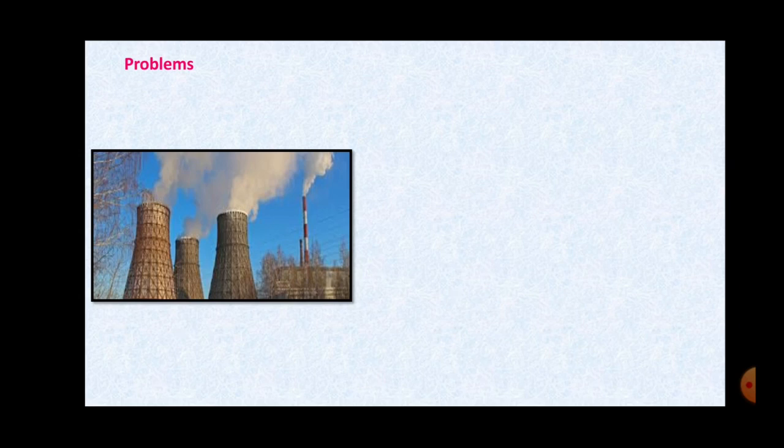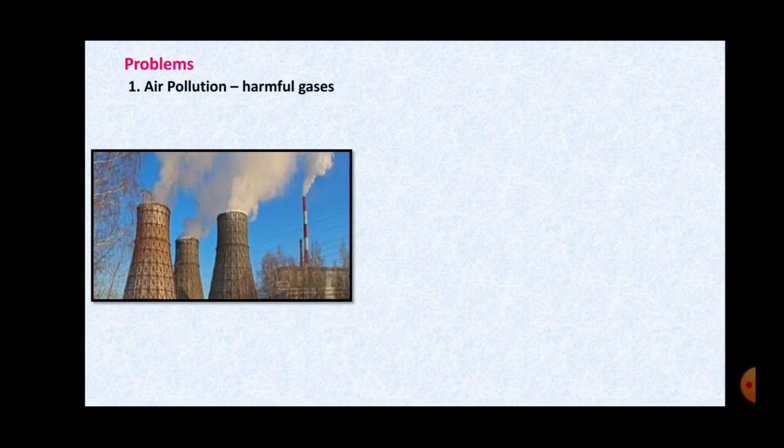Yes, can you guess what will be the major problem of the thermal power plant? Yes, because the harmful gases are released. So the very first problem will be air pollution.